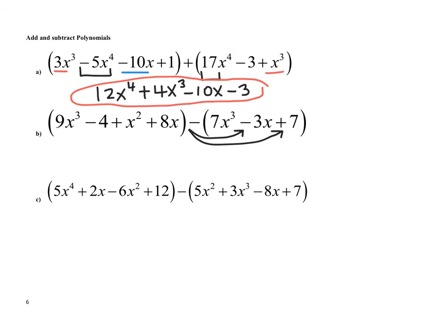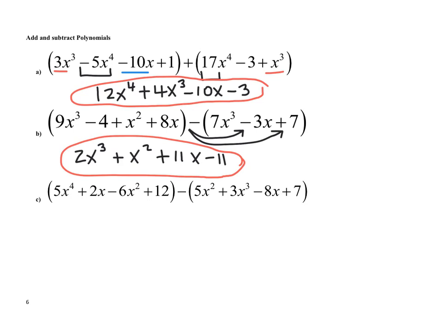So we have 9x cubed minus 7x cubed, so that becomes 2x cubed, and then we have x squared, so just plus x squared, and then the next one is 8x plus 3x, so that becomes 11x, and finally we have negative 4, negative 7, so we get negative 11, and that's going to be the final answer.